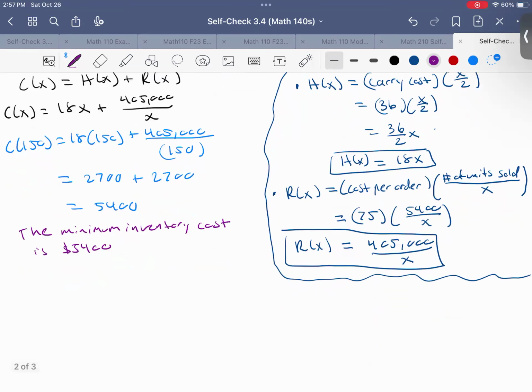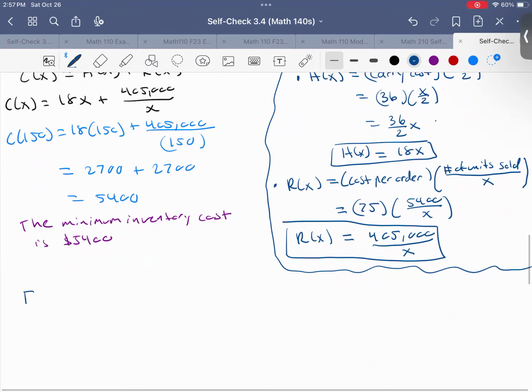Okay, so that answers all three questions, but let's put this all together in a nice, clean statement, as a final, using a different color. So final answer: the company should reorder.